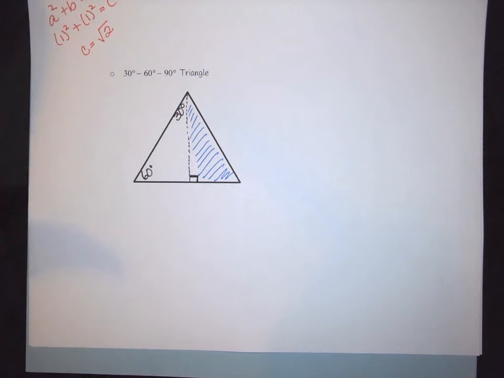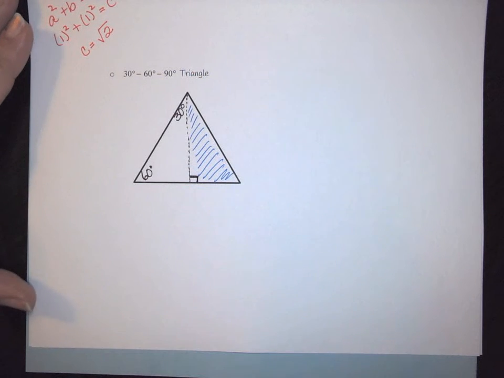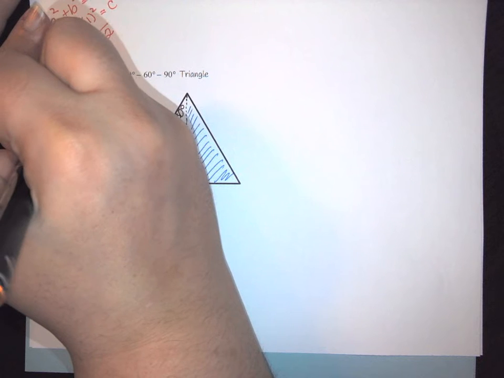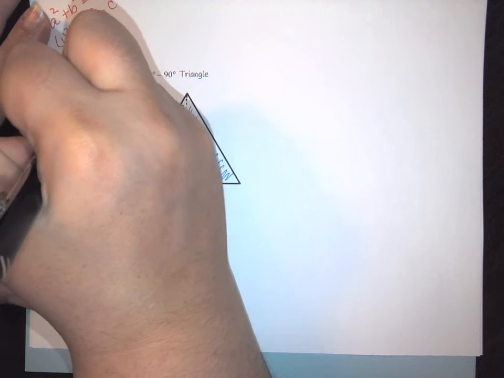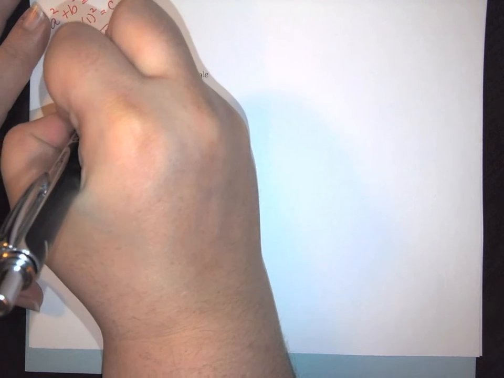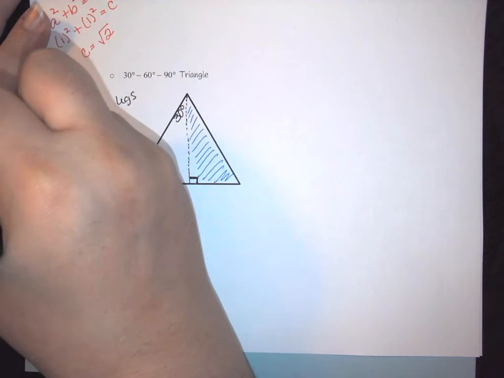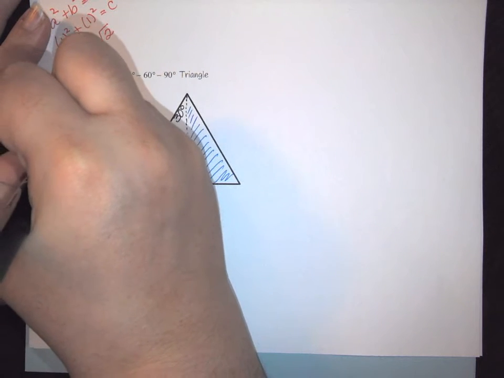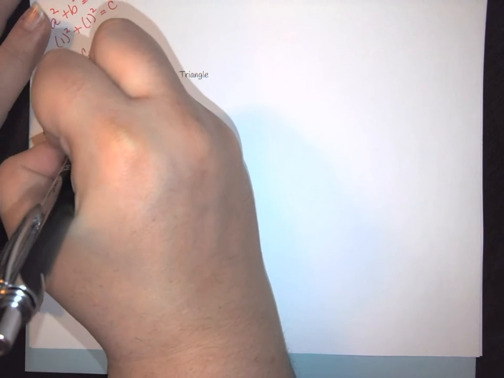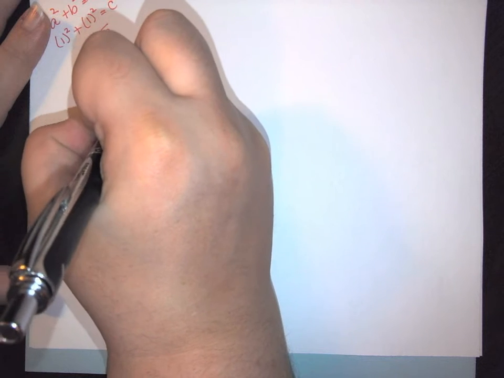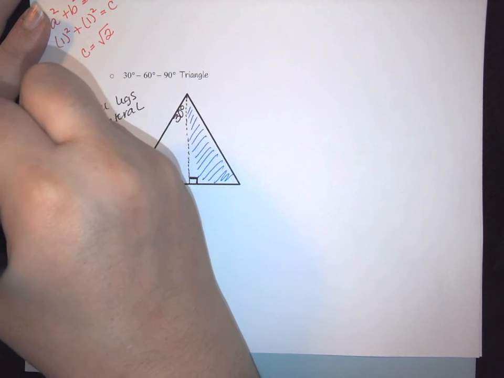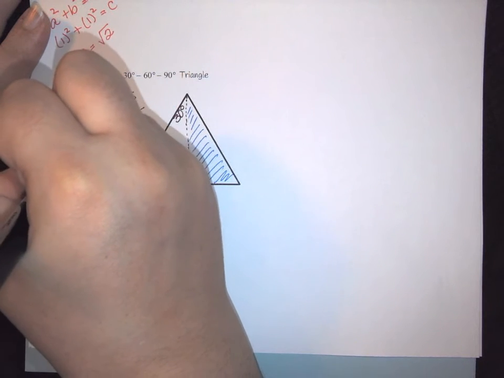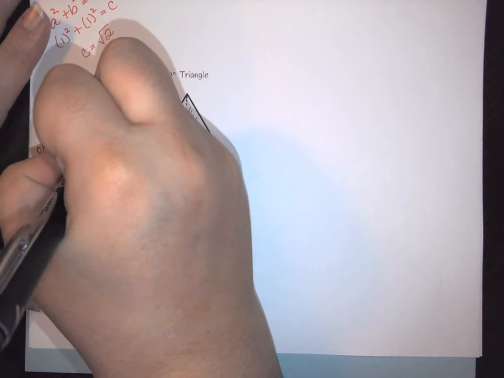Now, this being said, for this triangle we're going to assume that all legs of the equilateral triangle were 2.